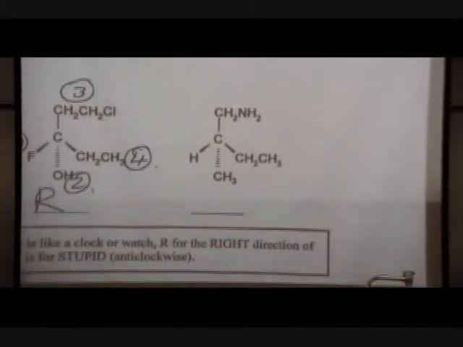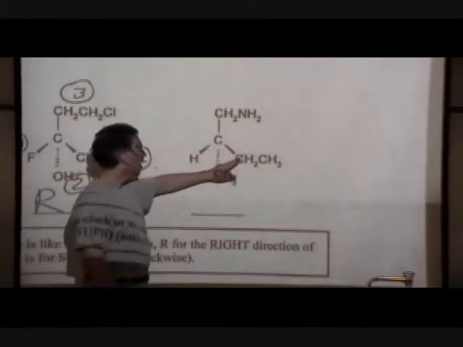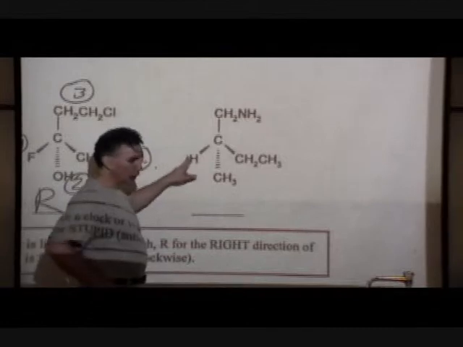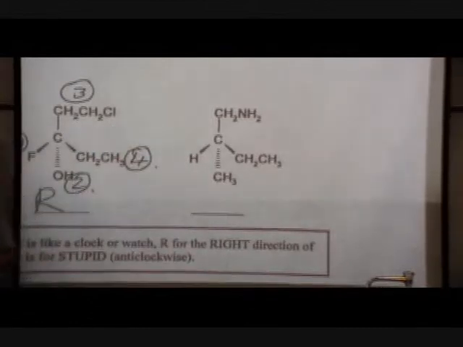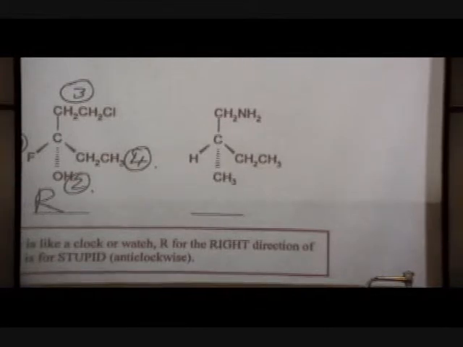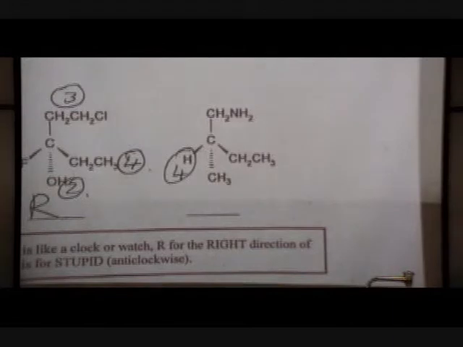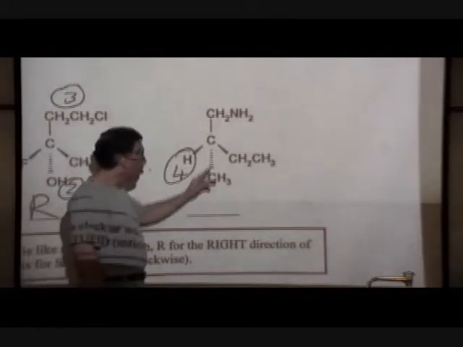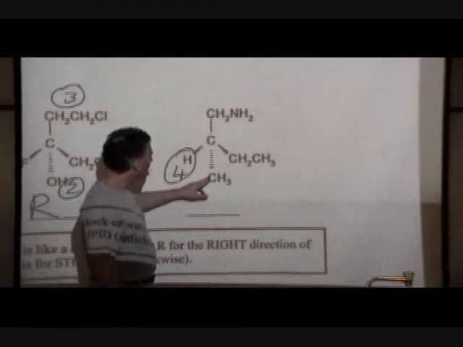We've got a whole bunch of carbons and the hydrogen. Hydrogen is a lower atomic number, so that definitely takes last place. So we figure out what last place is first. And comparing the other 3 groups, it's carbon to carbon to carbon.